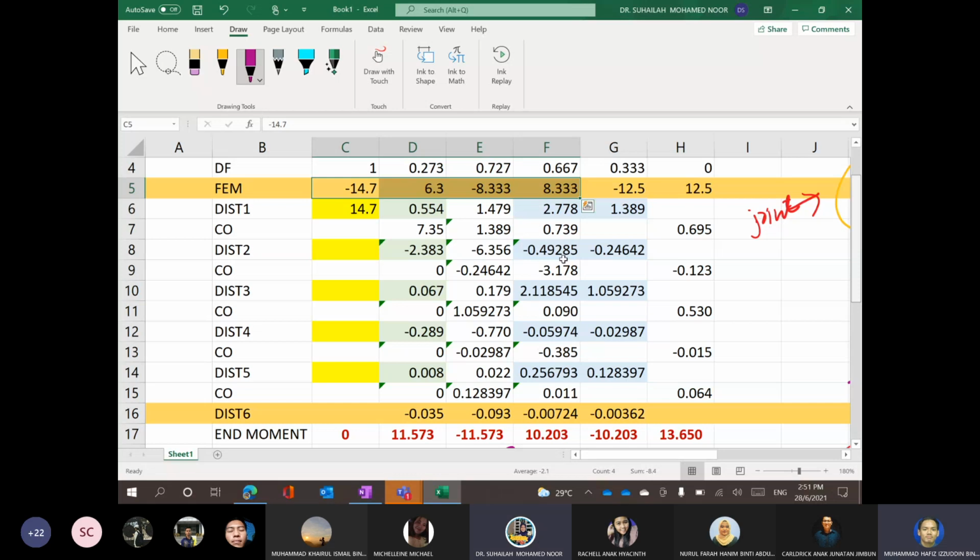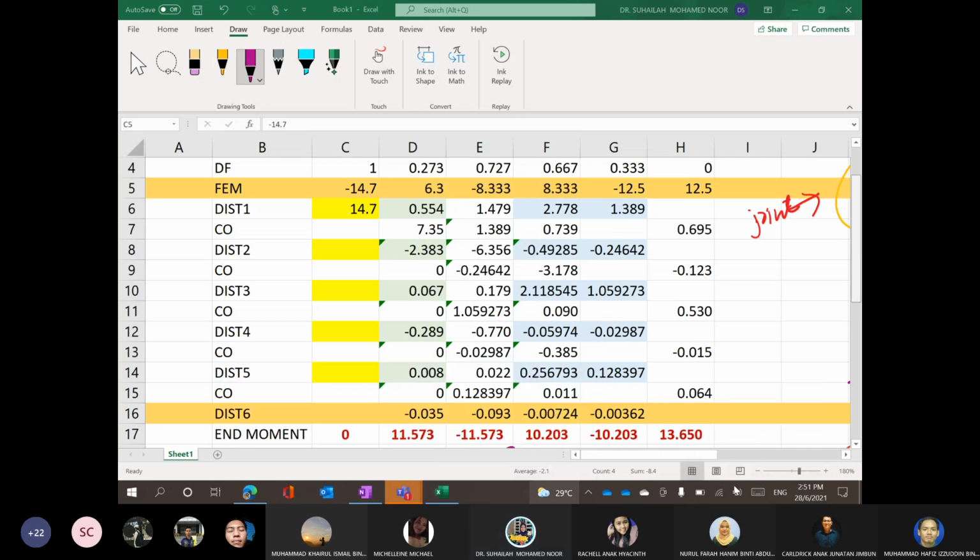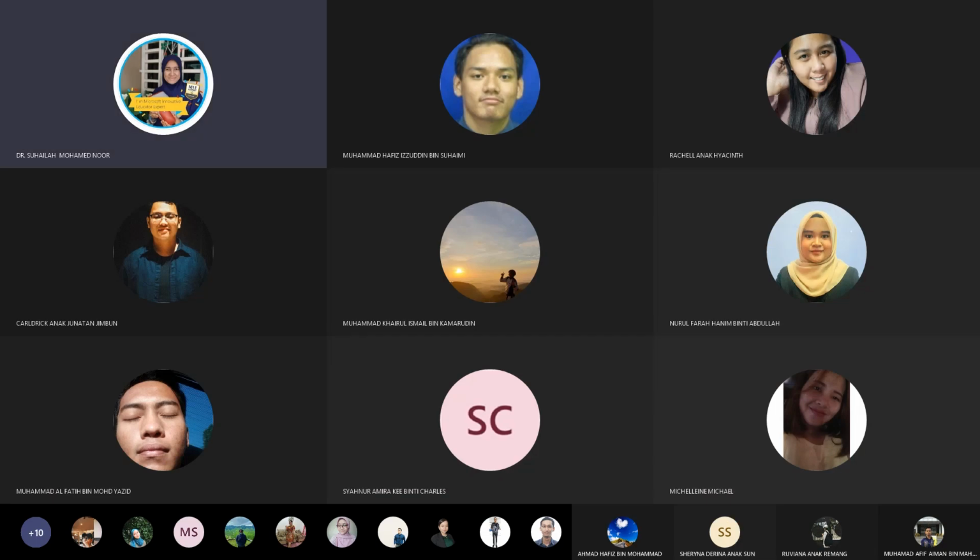Boleh, madam. Okay, now is the photo session time. I want to change the setting back so that you can switch on your camera.